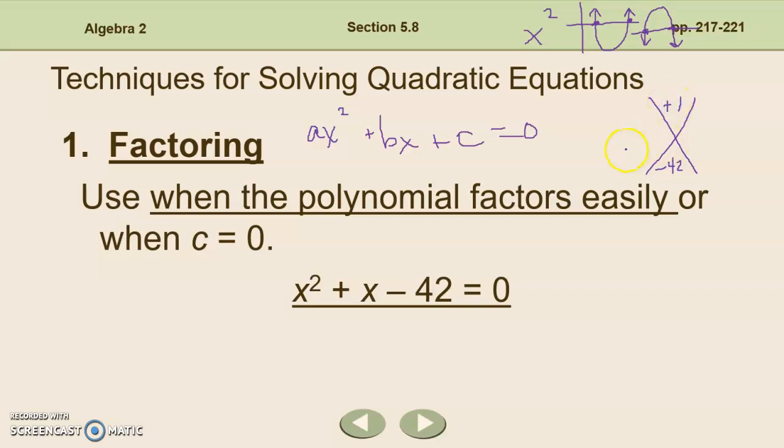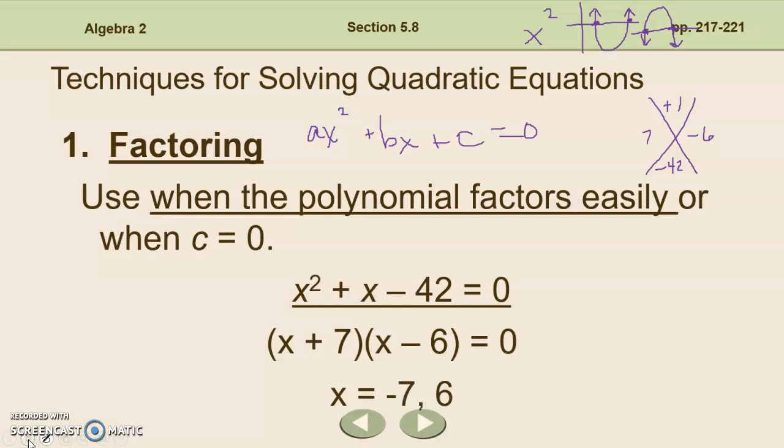And we know that a 7 and a negative 6, when multiplied, equal negative 42, but when added equal positive 1. So this polynomial, this quadratic, is going to be easily factored, and we can solve for x from there. Writing x plus 7 and x minus 6, we would then set each of those equal to 0. And we find that x equals negative 7 and x equals 6.